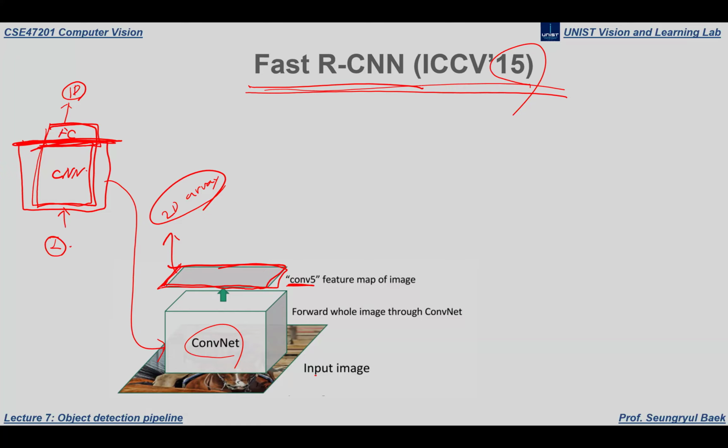Because the input image here is normally bigger than the images we use for the image classification task, the 2D feature map has larger dimensions compared to that of the image classification task. Another thing is that in this 2D feature map, the spatial relations contained in the original image space are somehow retained, because that is a characteristic of convolution.